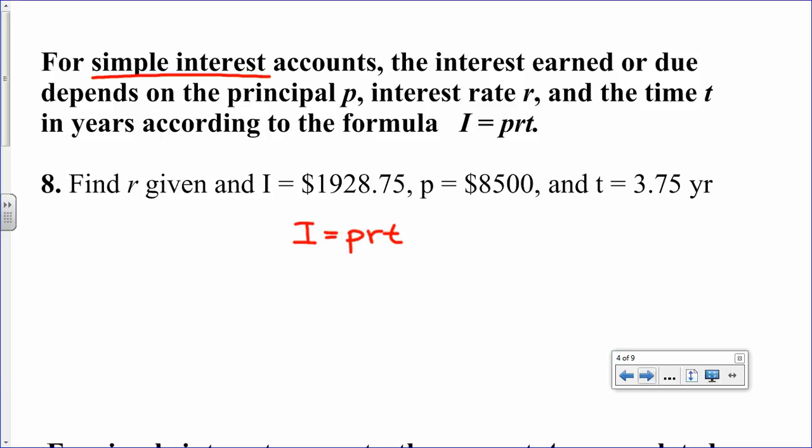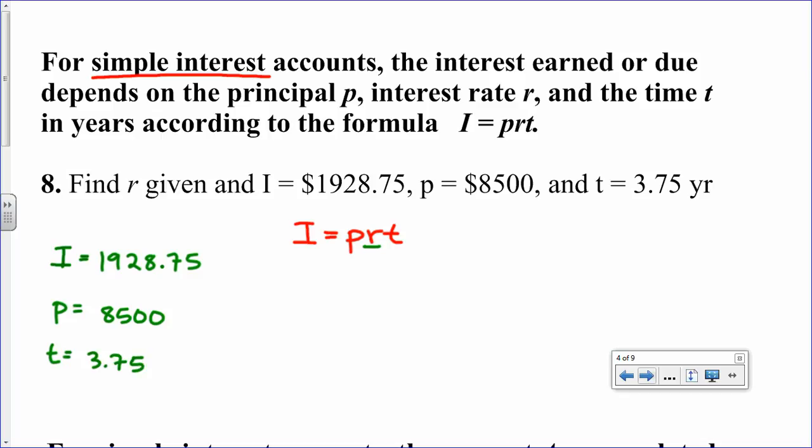So it says find R, so I'm looking for the interest rate. So that means I have to have numbers for I, P, and T, and in this problem I do. So I is 1928.75, P is 8,500, and T is 3.75.